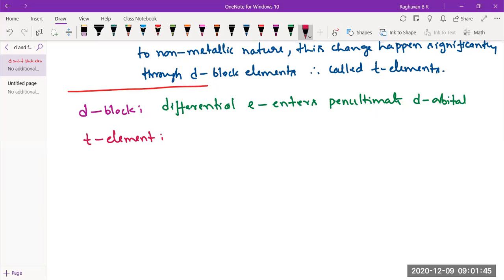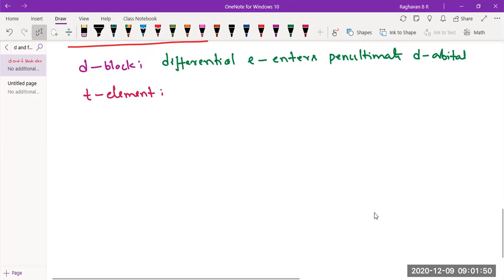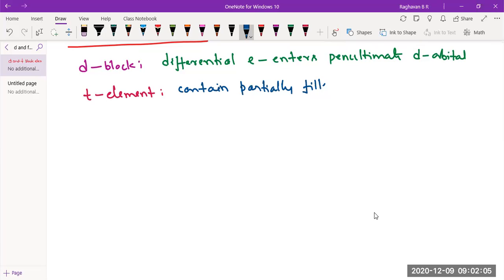Transition elements are the elements which contain partially filled d orbitals in atomic state or in any one of the common oxidation states.